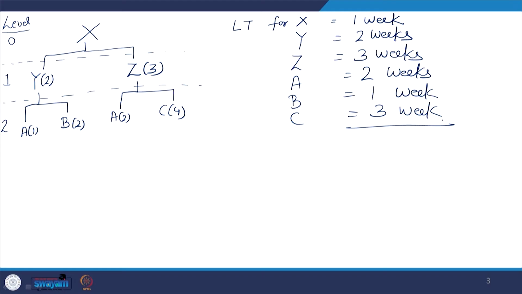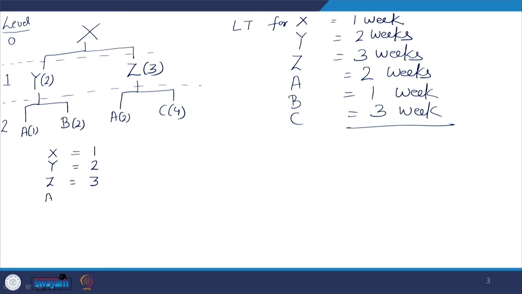For 1 unit of X, your bill of material says that you require Y equals 2 and Z equals 3.